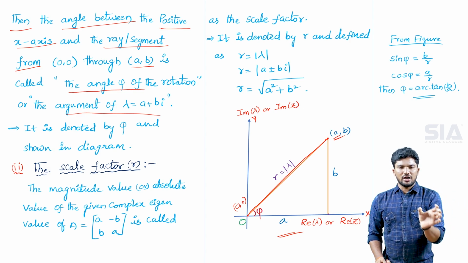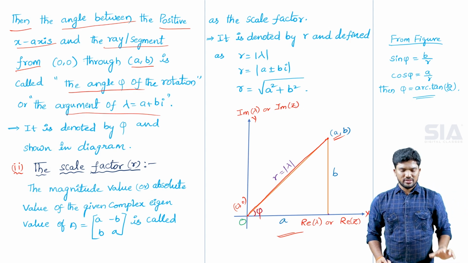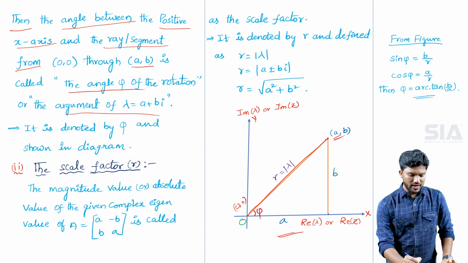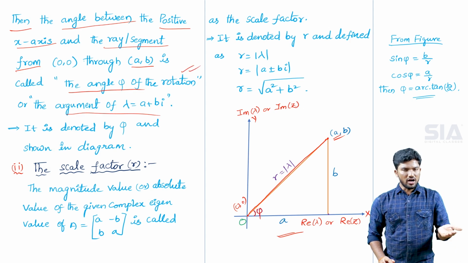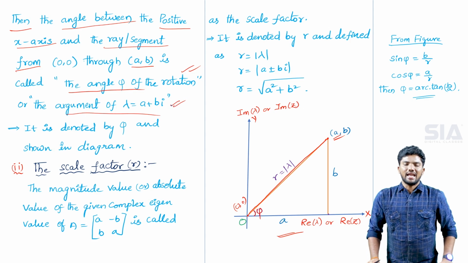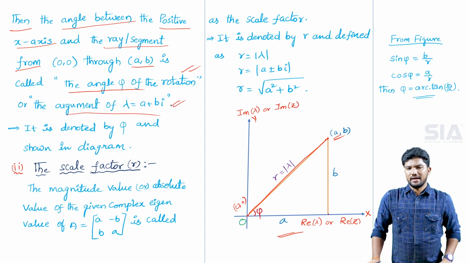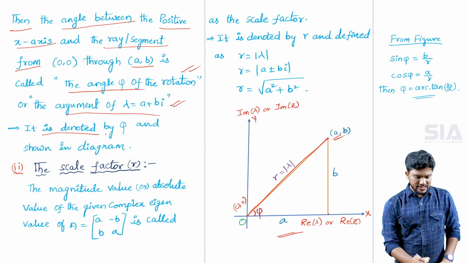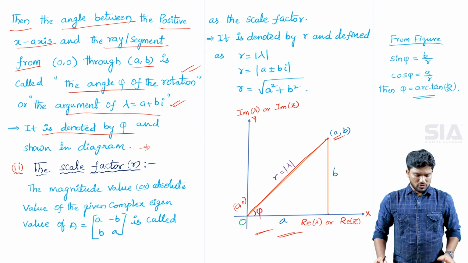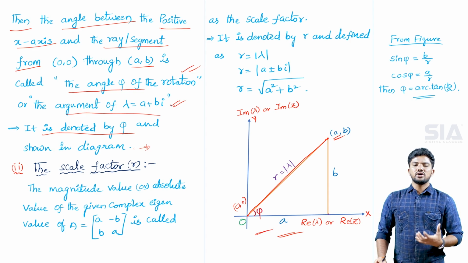So from 0, 0 through a, b, the angle between those two lines is called the angle phi of the rotation, or else the other name is the argument of the eigenvalue lambda equal to a plus bi. It is denoted by phi, and is shown in the diagram as we have discussed. So that is the definition regarding the angle of rotation.